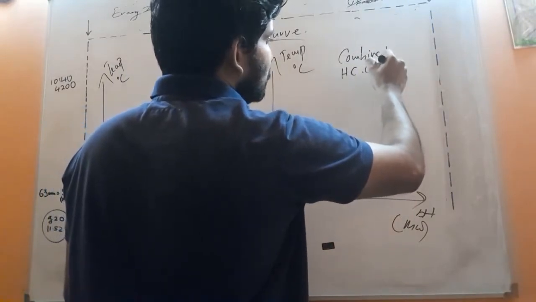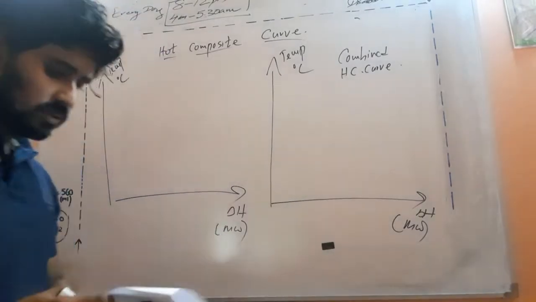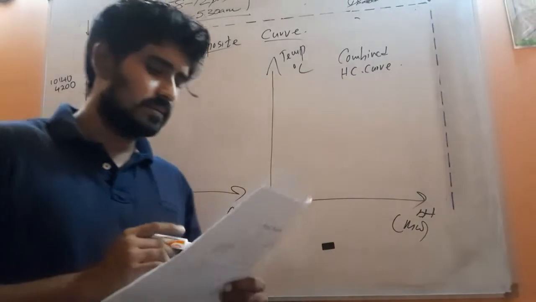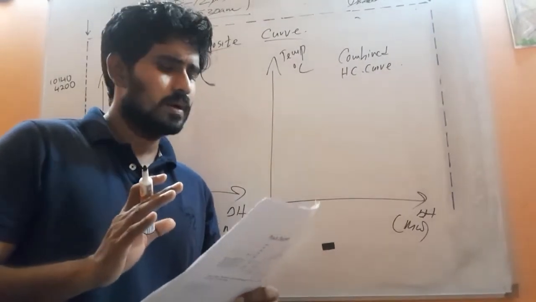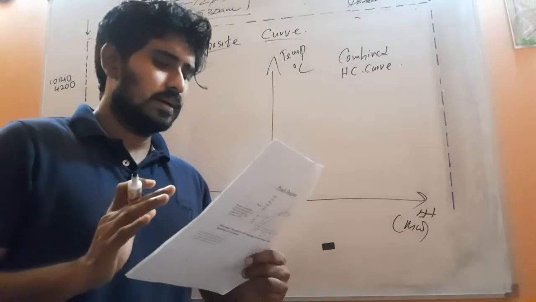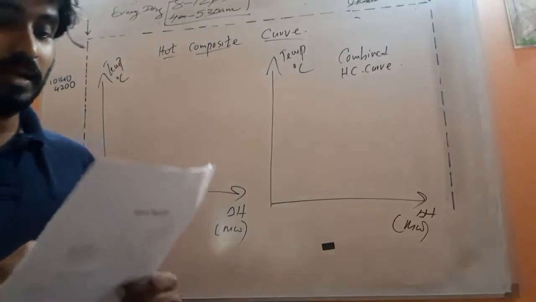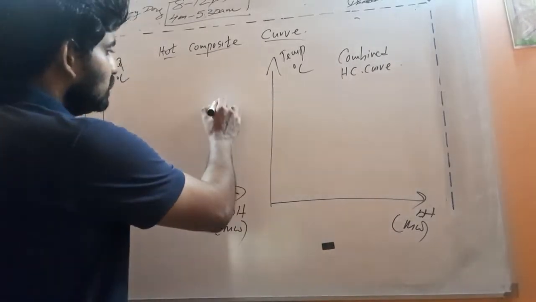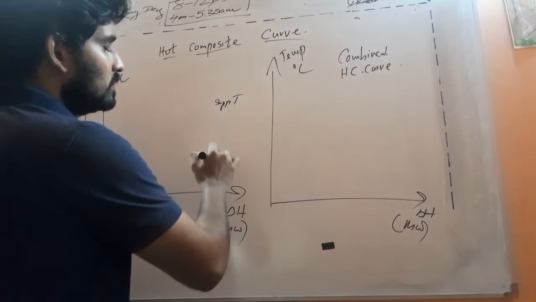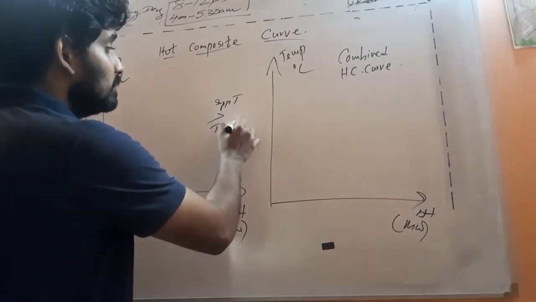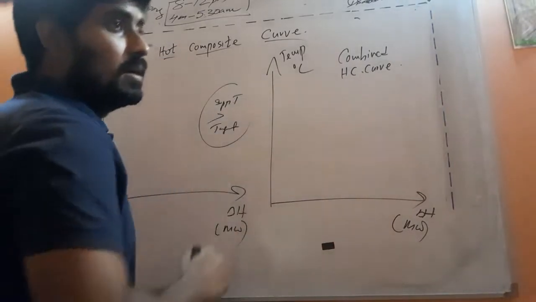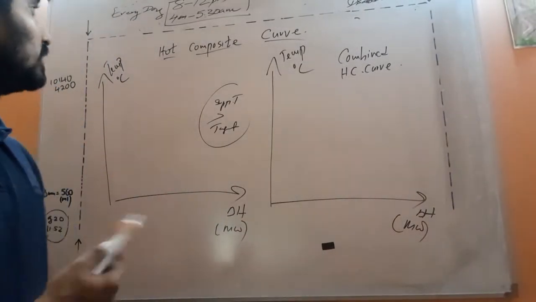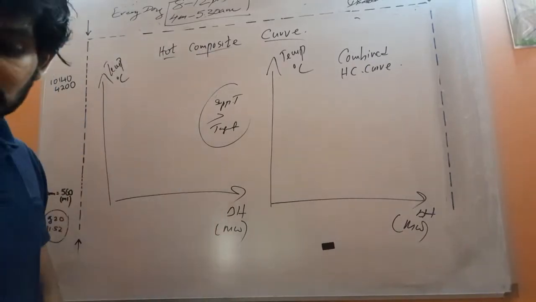hot composite curve, right? Okay, so now we have clearly identified what processes we need in order to sketch the hot composite curve. We are going to determine that by looking at the supply temperature and the target temperature. If the supply temperature is higher than the target temperature, such processes are considered as the temperature profiles where we need to sketch the hot composite curve.